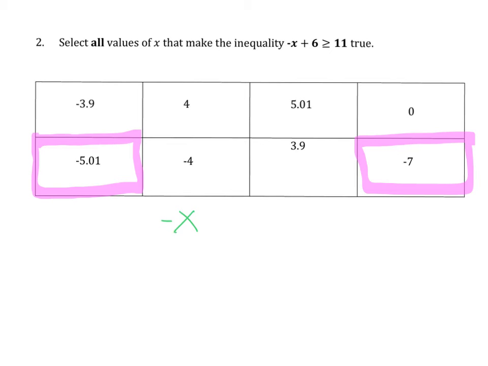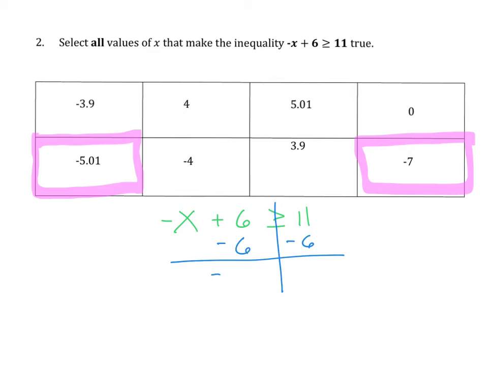So negative x plus 6 is going to be greater than or equal to 11. If you want to turn it into an equation, you can do so. However, I'm going to leave the inequality in here just to get you moving along on this. So we're going to draw the line down. I'm going to subtract 6 from each side.